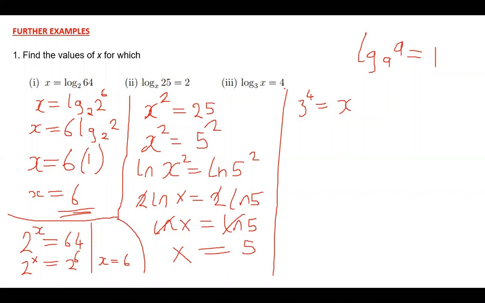This 4 is always the index, and 3 will always be the base, and that x will always be that side. 3 to the power 4, you discover that your answer is nothing but 81. So x is equal to 81.